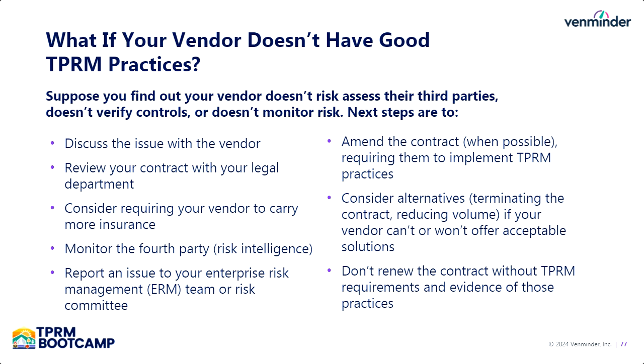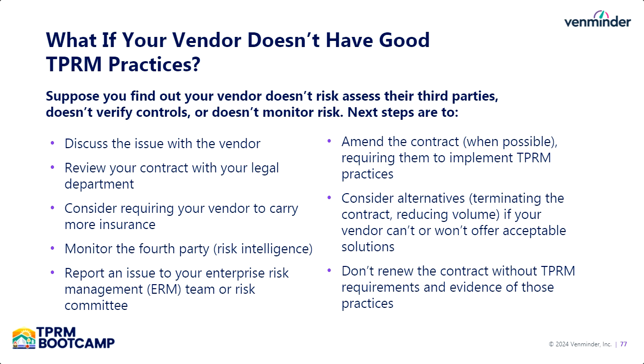You could consider asking them to carry more insurance so that you have greater opportunity or leverage, I guess, against the third-party vendor if anything should happen. You may consider monitoring the fourth parties of the vendor that doesn't have a good third-party risk management program in place. There are a few ways you can do that, but one of them is through risk intelligence data.